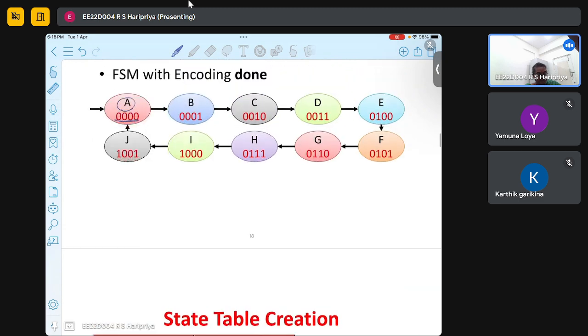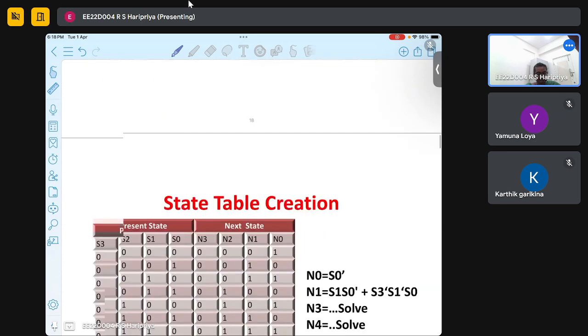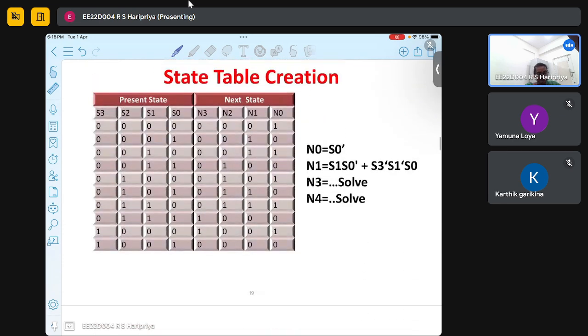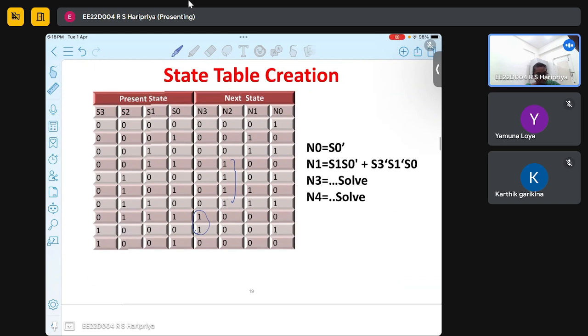We have 0 to 1, 1 to 2, 2 to 3, 3 to 4, 4 to 5, 5 to 6, 6 to 7, 7 to 8, and 8 to 9. So we obtain the state table, and then we use the K-map to simplify it. So this is the expression for n3, and all of these we have to consider.